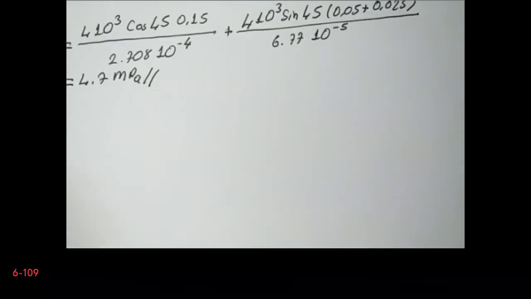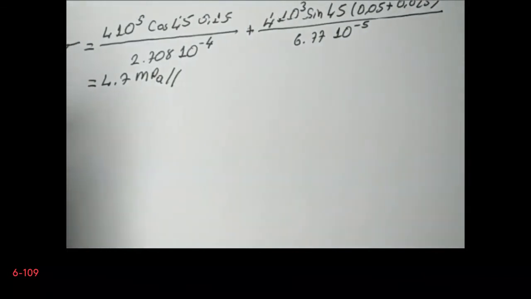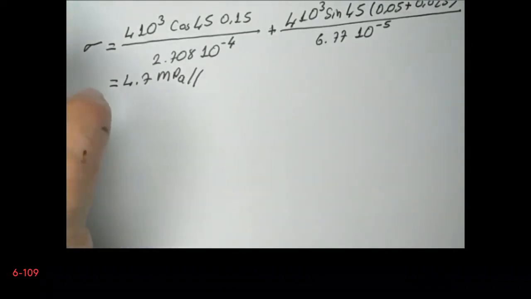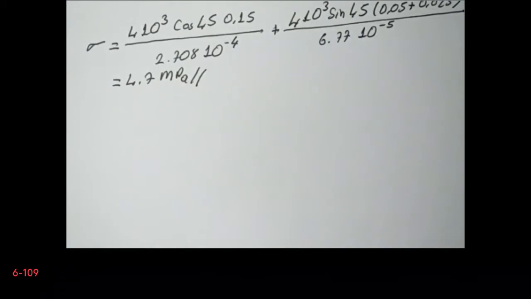Okay, now we are asked for the angle for the orientation of the neutral axis. Certainly we know that it passes through the geometric center, but what is the orientation for it? Now let's write the stress formula again.